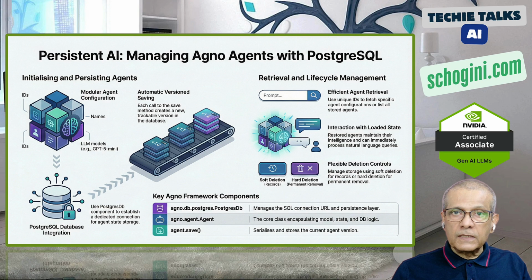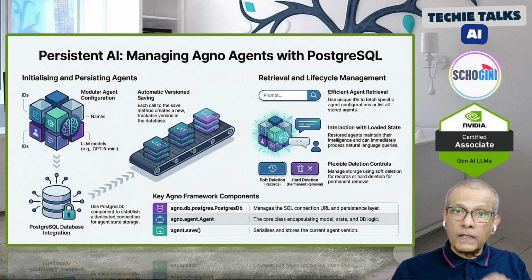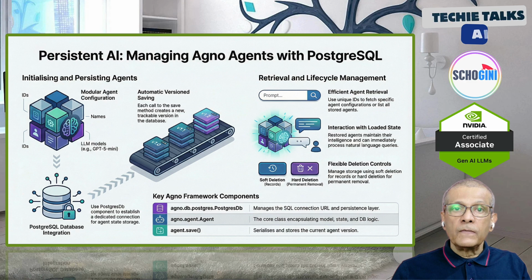We are no longer just prompting models, we are managing digital entities. Agents become deployable, auditable, recoverable, rollbackable, exactly like microservices, exactly like infrastructure. And once agents can persist, you unlock long running cognition, agent evolution, real world AI systems.